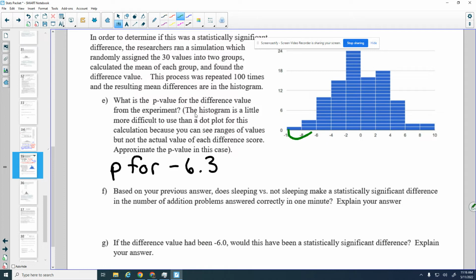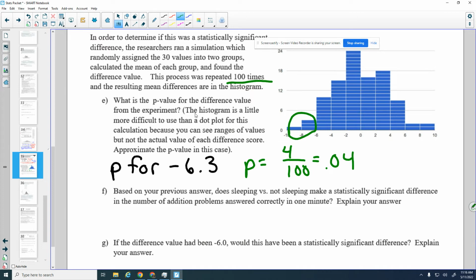So I'm going to circle these 4 values, okay, because we're going more extreme, so we're going to the left. So the p-value is 4 values out of 100. So that's 0.04. So we have only a 4% chance of getting negative 6.3 or something smaller or more extreme from 0.